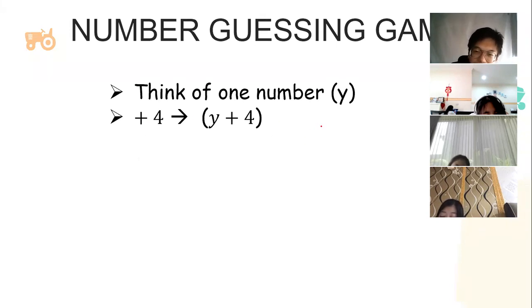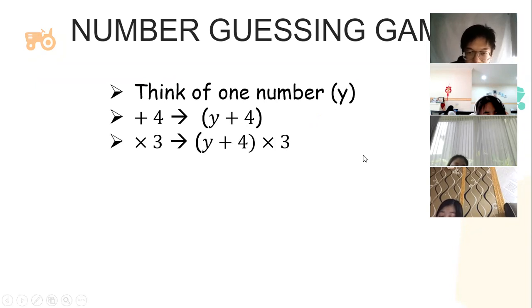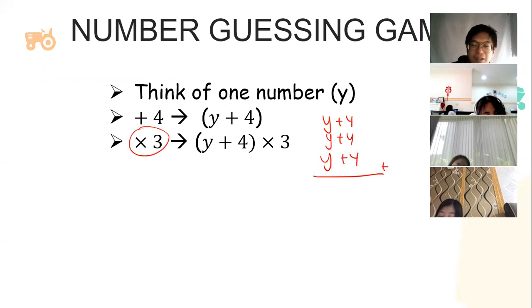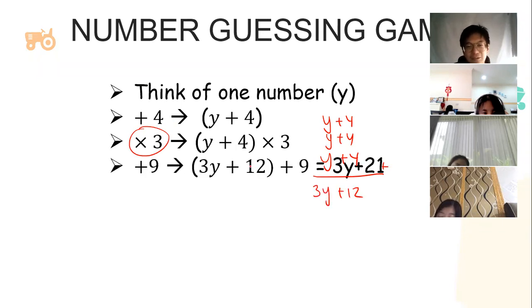We have y plus 4 three times, because I multiply by 3: y plus 4 and another y plus 4. If I add them, it's 3y plus 12. And then add 9, so it becomes 3y plus 21. Get it? 3y plus 21.